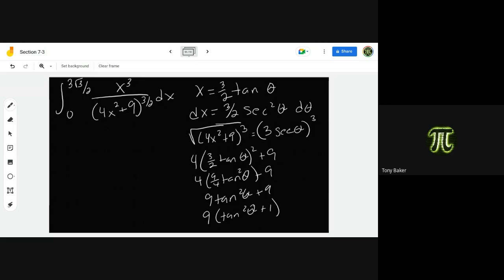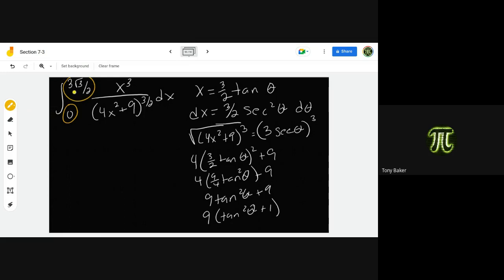All right. So we've got what x is, we've got what dx is, we've got what the square root part is. Now I just need to figure out what these two values here are going to be, so I don't have to go backwards.